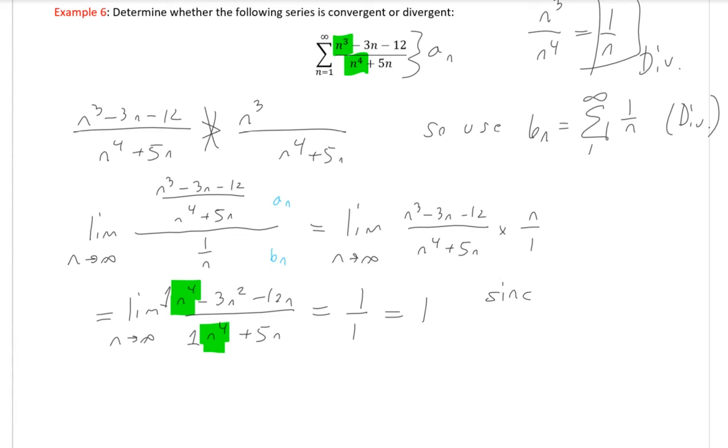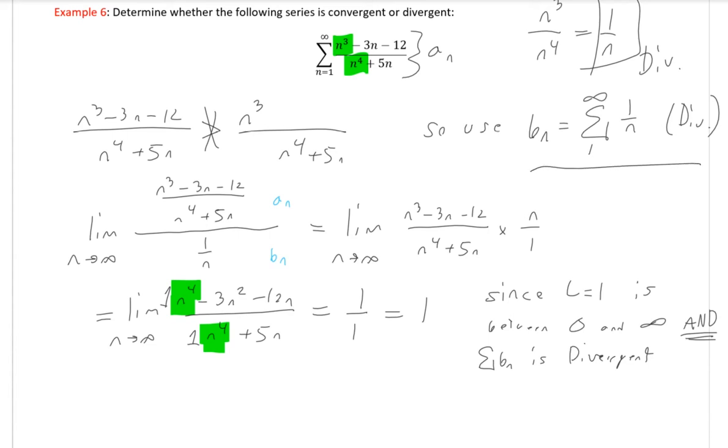So since L equals 1 is between 0 and infinity, and the summation of b sub n is divergent. Remember, b sub n was this right here.